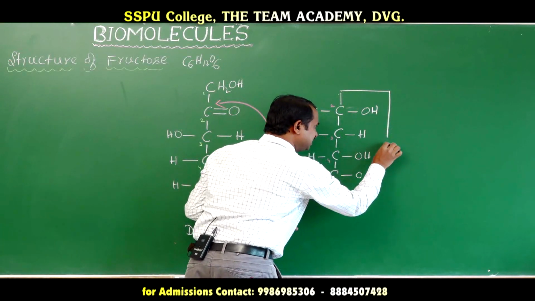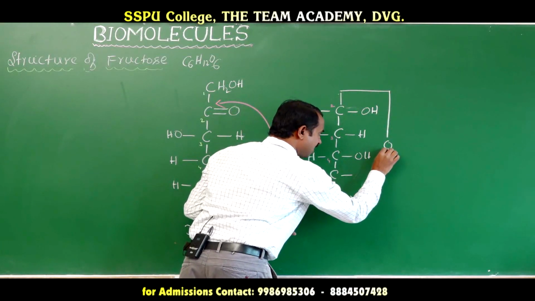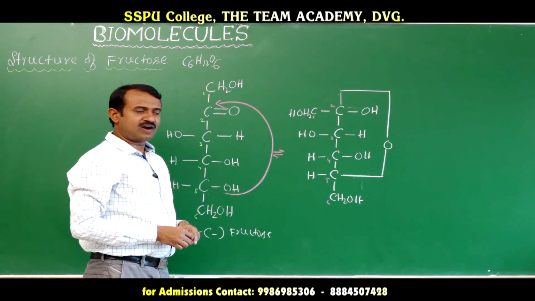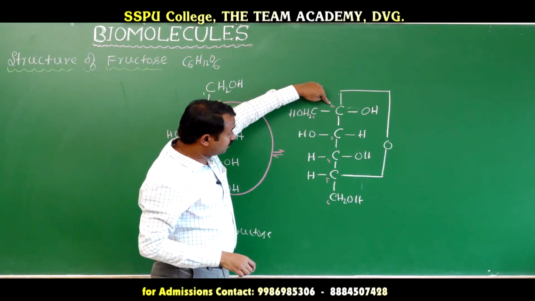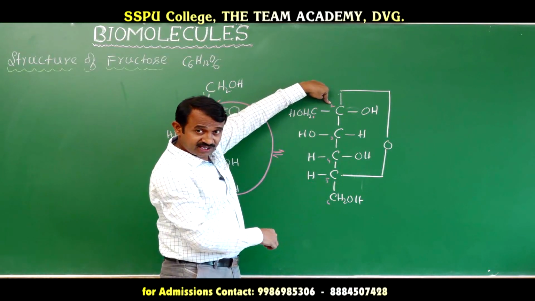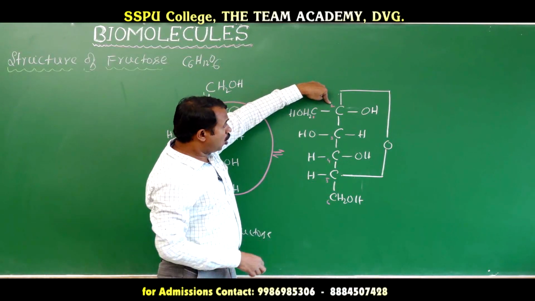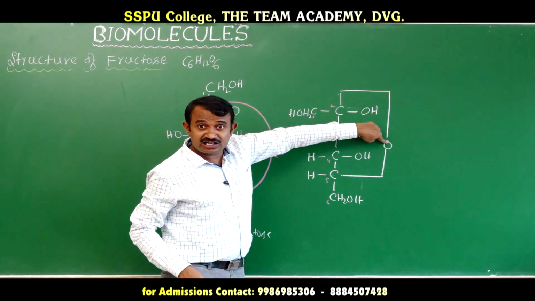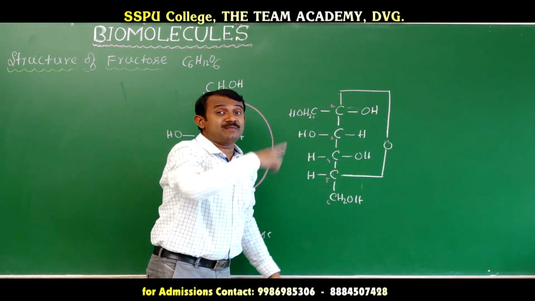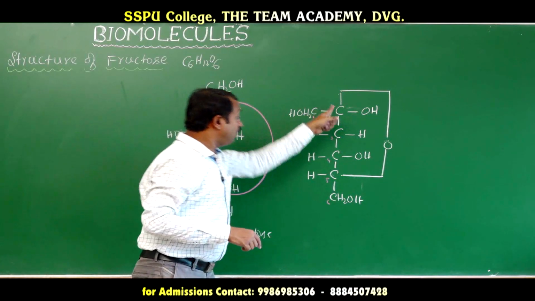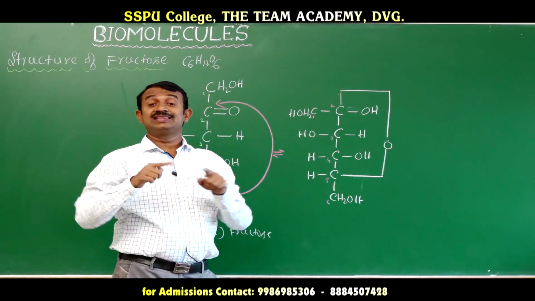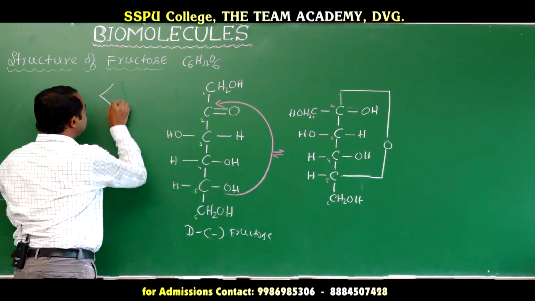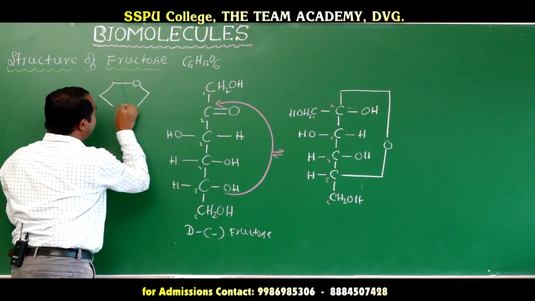This oxide linkage is the cyclic formation from C2 to C5: 1, 2, 3, 4 carbons and the oxygen make 5, so this is a 5-member ring. In glucose, 5 carbons and oxygen make a 6-member ring, called a pyranose.